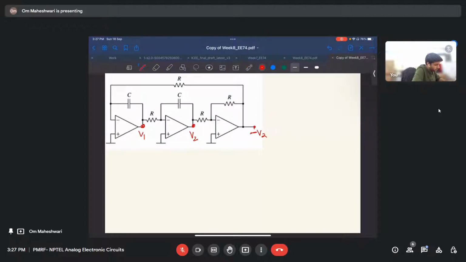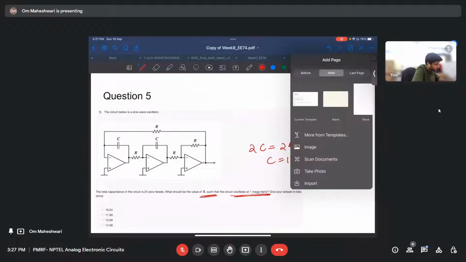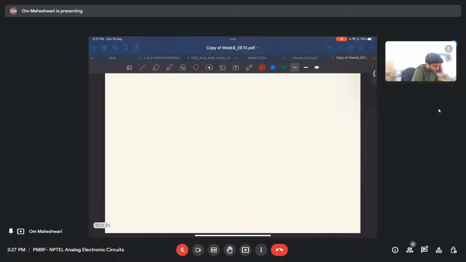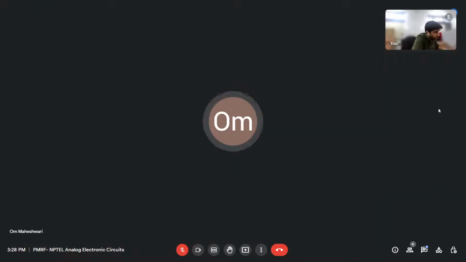Let me just show. This is minus, this is plus. This is the feedback resistor.